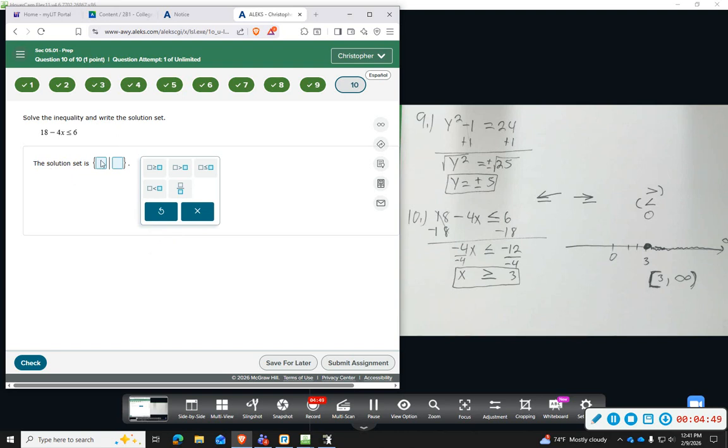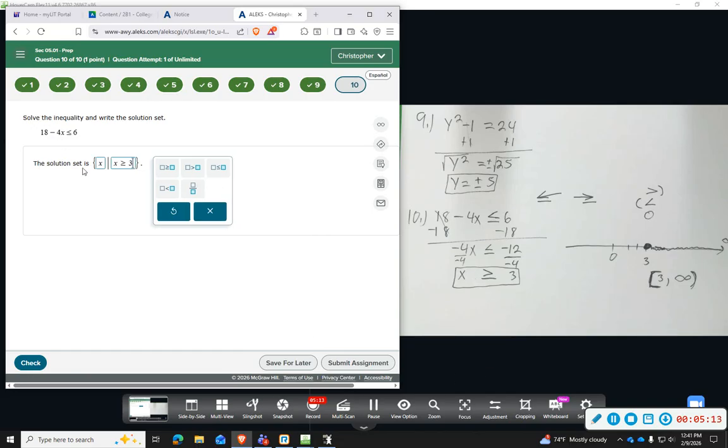So this one is in set notation. So the solution set is, and we're going to put x, that's our variable. This vertical bar is read such that, so we're doing x such that this condition is true. So we're going to say x is greater than or equal to 3.